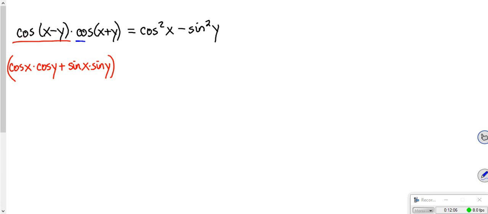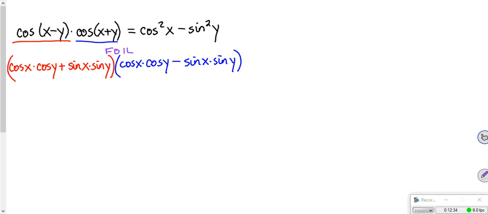And then this one in blue, we've got cosine x cosine y minus sine x sine y. Now, that's a binomial times a binomial. So actually we are foiling those two things together.